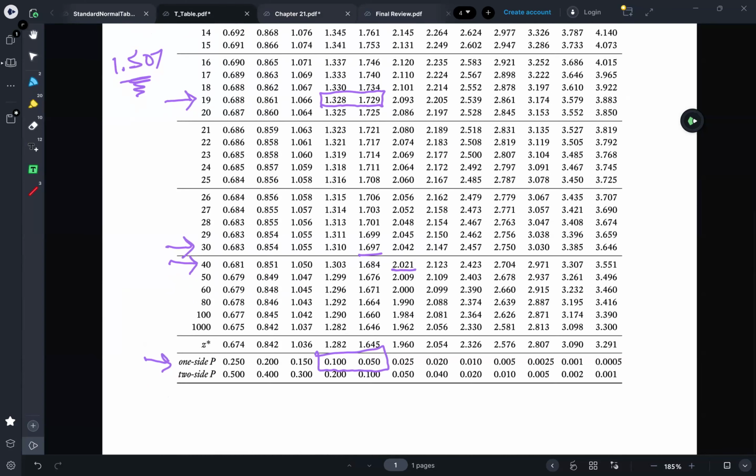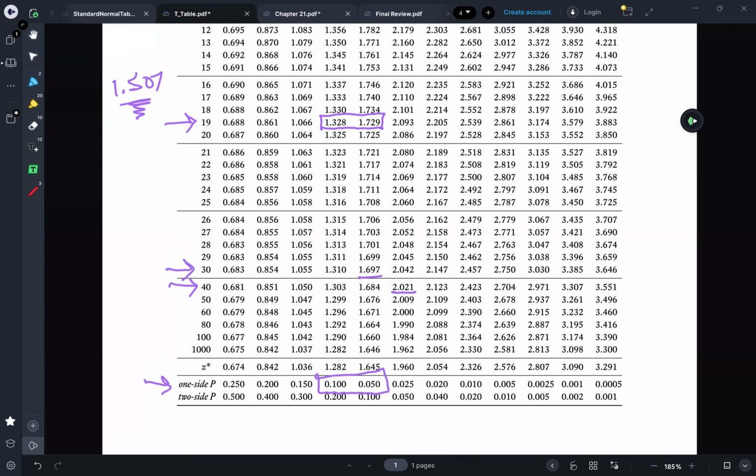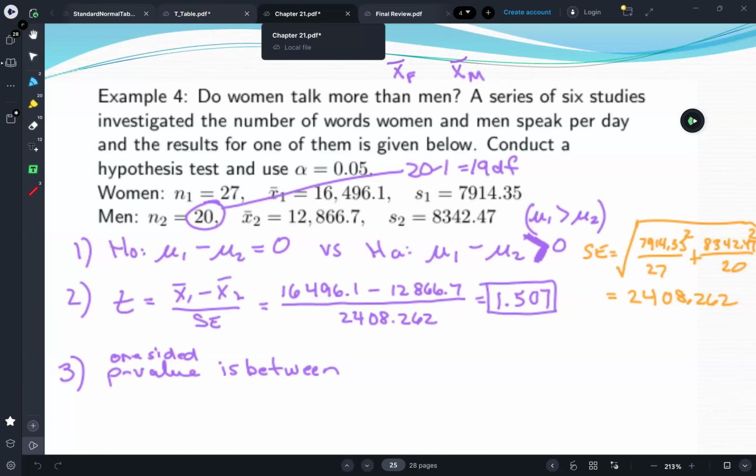I just scroll down and it's the same p-value range as our last question. I've already got it highlighted. So they correspond to these values here, 0.05 and 0.1. That makes sense? 0.05 and 0.1. So let's go over to here, 0.05.